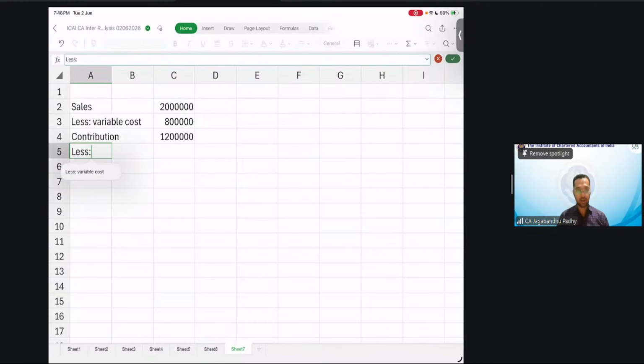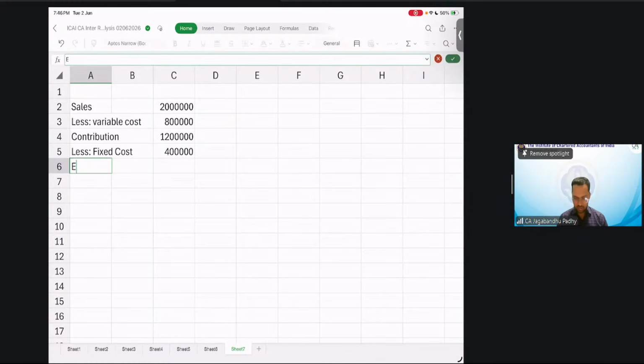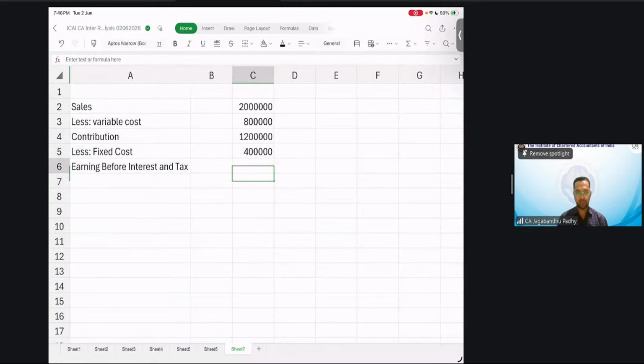Further, we subtract fixed cost. Let's say fixed cost is 4 lakh. After subtracting this fixed cost and variable cost, the term that we get is earnings before interest and tax.